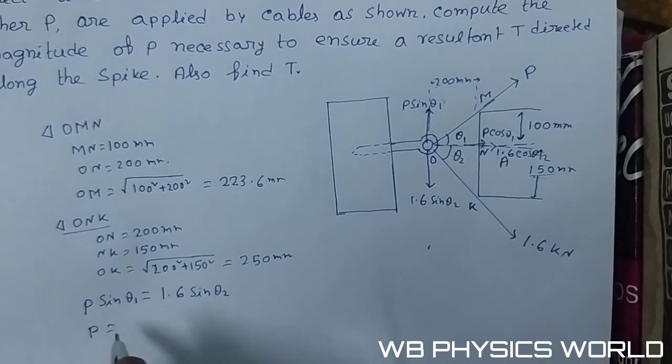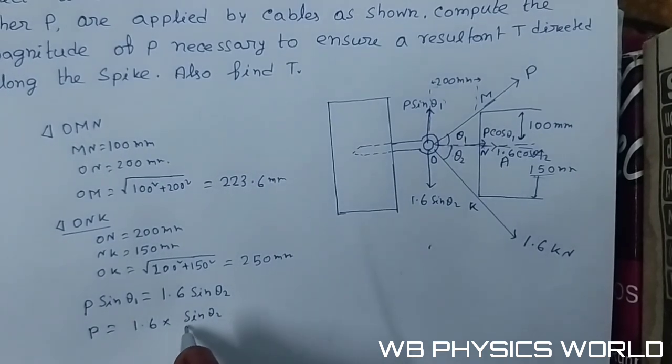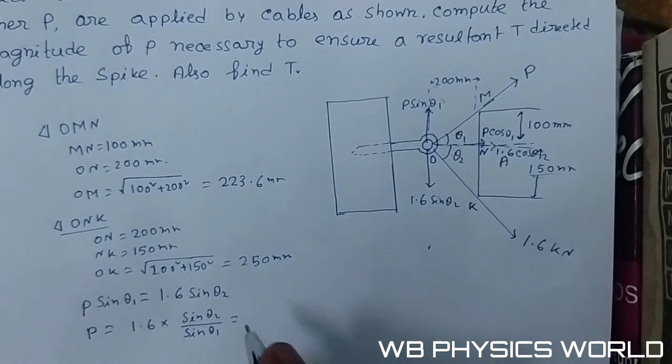So P equal to 1.6 sin theta 2 by sin theta 1.